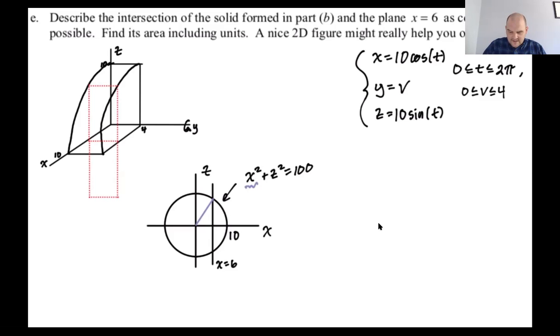The key thing is that the intersection point right here is (6, 8), where that's x and z, and down below, this intersection point is (6, negative 8). So z can go from negative 8 up to 8. Y is stuck between 0 and 4, and x is just equal to 6.